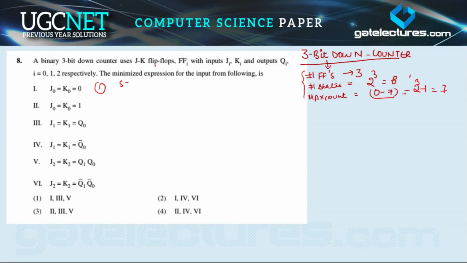So you have to find out the inputs which we will give to the JK flip-flop, so that the output would be 0, 1, 2, 3 like this. So this is our task.